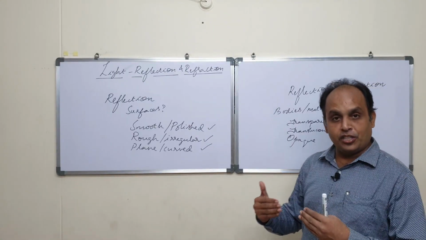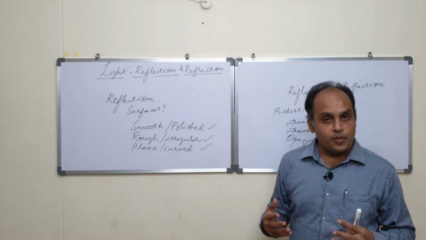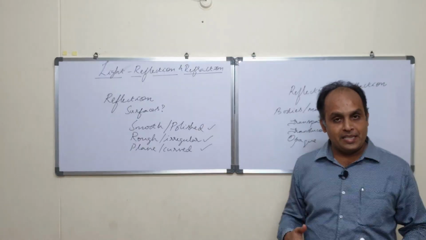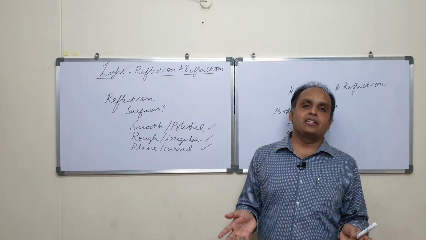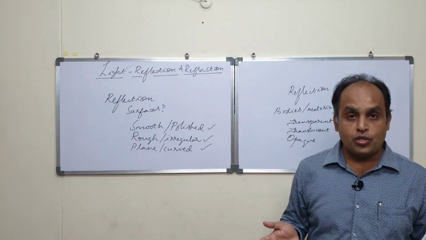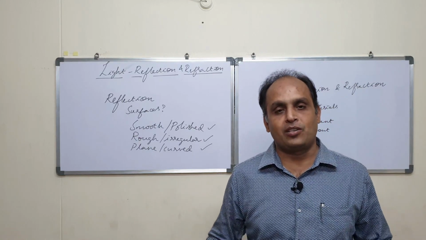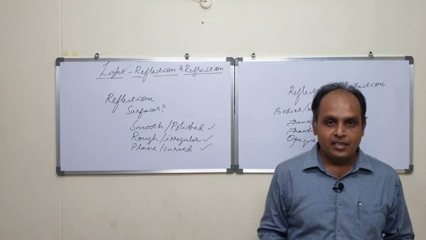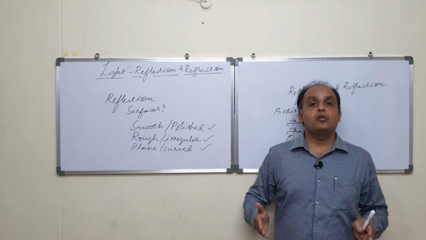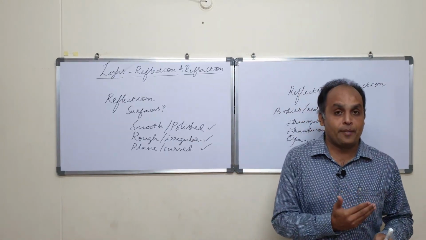So, let us go back to the definition of transparent, translucent and opaque materials. We all have learnt that transparent materials allow most of the light to pass through them. So, in the definition it is clearly mentioned that transparent objects allow most of the light to pass through them.